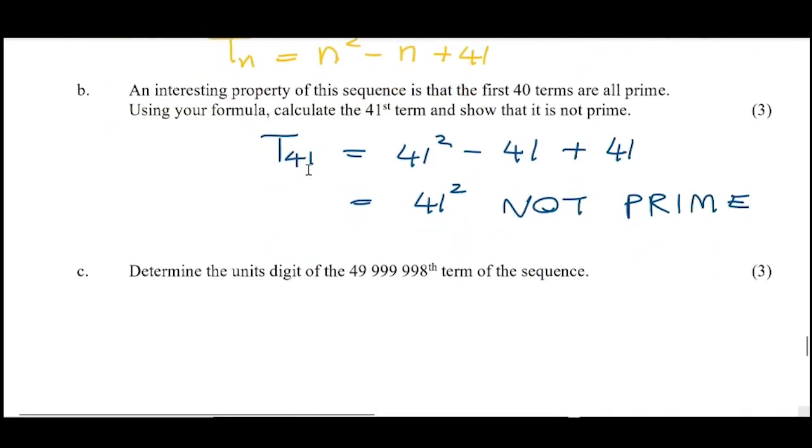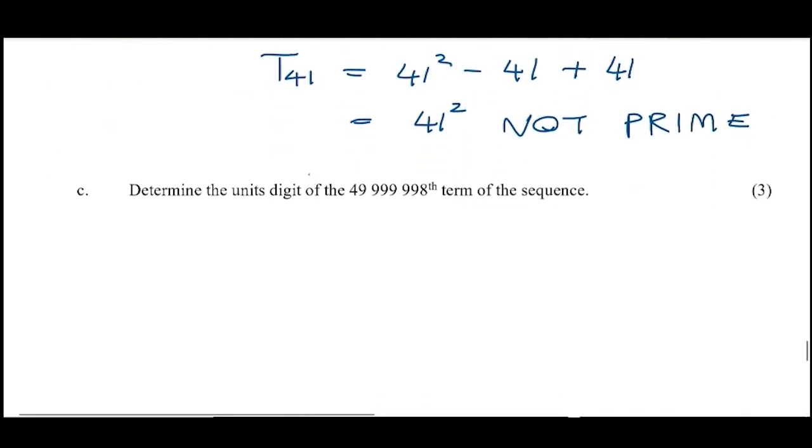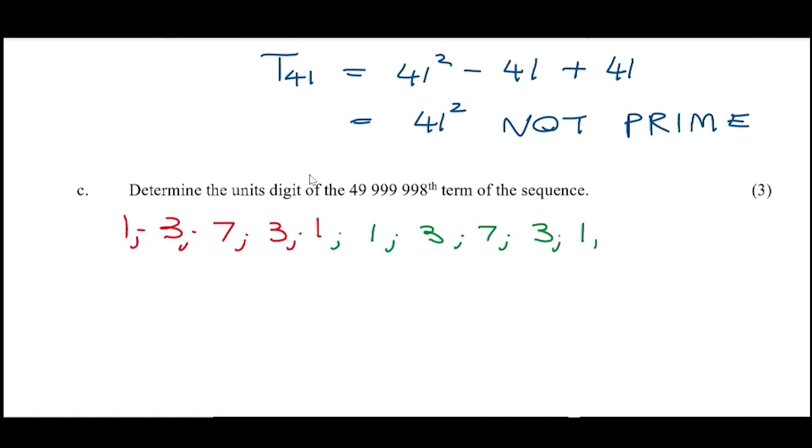So they carry through like this: 1, then 3, then 7, then 3, and then 1. And then that cycle starts again.